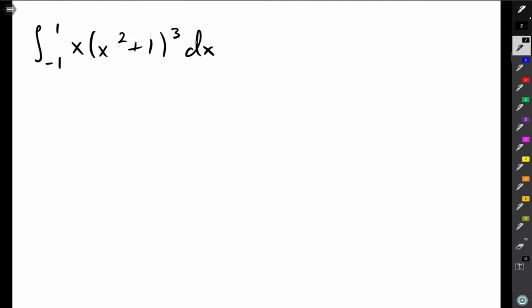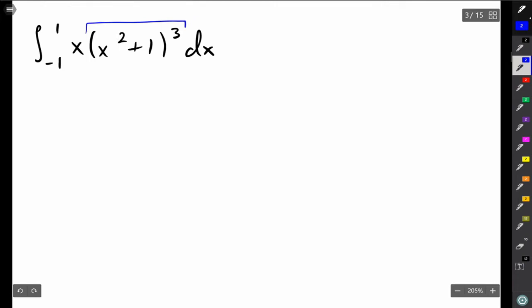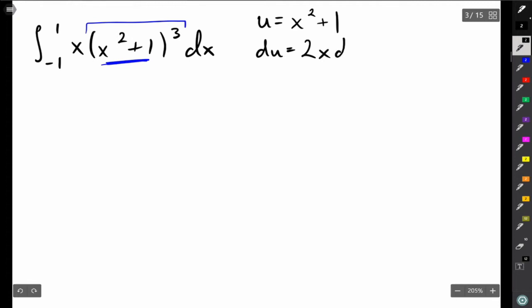So if we look at it, this piece here looks like a composition, and this piece right here looks like the inside of it. So we're going to pick u to be x squared plus 1, and then du is going to be 2x dx. All right, if we look at what's left over, we have the x and the dx here, which is this part here.